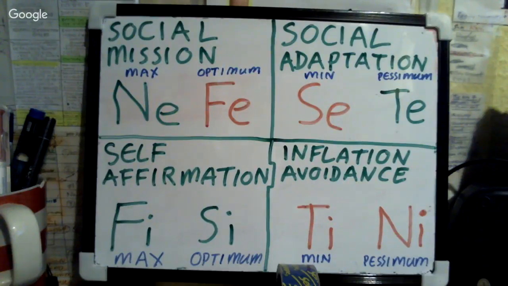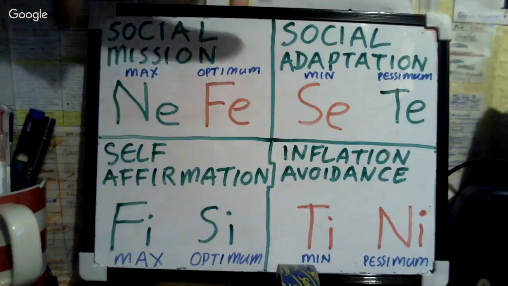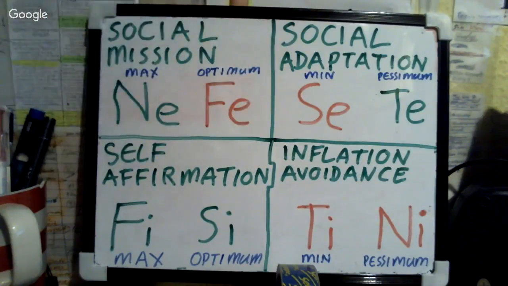Right then, so as you can see here, social mission, these are the two working together. So how can I prove how important FE is? Think of the Keirsey name for the ENFP, the champion, meaning the advocator, someone who advocates for things.